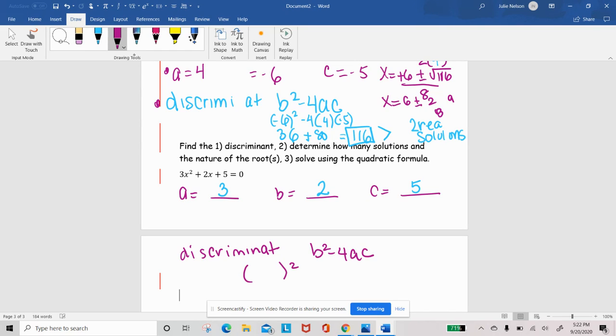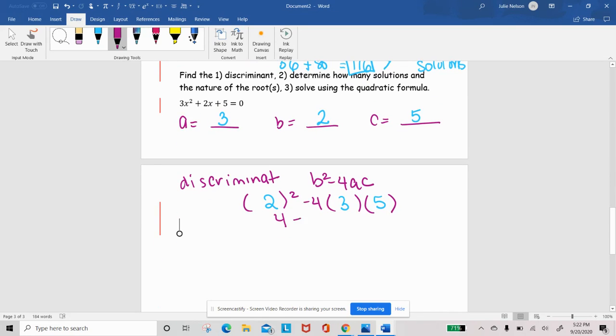If I do parentheses squared minus 4 parentheses times parentheses, I stick in b, which is 2, a, which is 3, and c, which is 5. I get 2 squared, which is 4, and negative 4 times 3 times 5 is negative 60. So 4 minus 60 is negative 56. Because negative 56 is less than 0, I know that I'm going to get what we call no solutions.